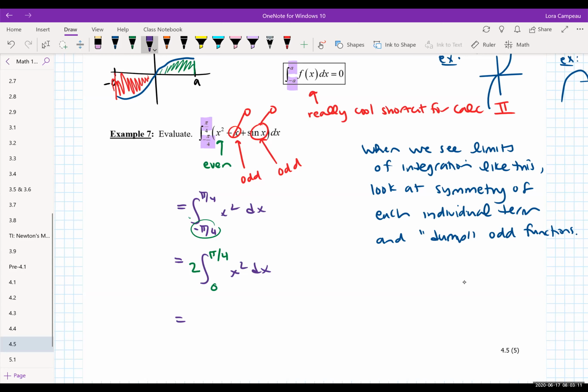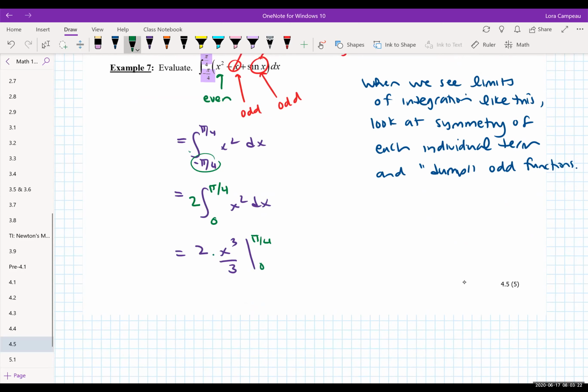Now you can integrate just like normal: x cubed over 3, but we're evaluating it from 0 to pi over 4. When we do that, what do we have? 2/3. Then, by the fundamental theorem of calculus, don't we have pi over 4 to the 3rd minus 0 to the 3rd?